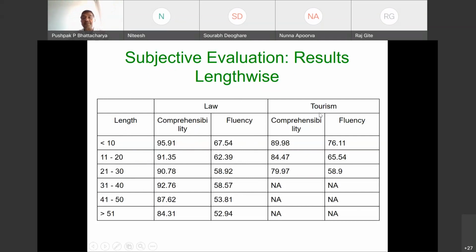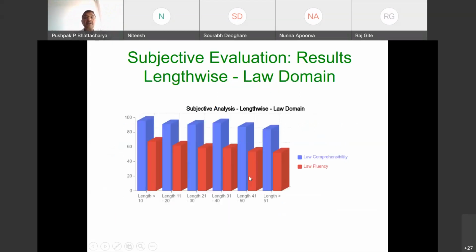Similarly, for tourism too, comprehensibility and fluency begin to fall as the length of the sentences increases. And that is expected. As the length of the sentence increases, you have to manage more language material, and you have to place them properly, order them properly. This is more work. So both comprehensibility and fluency reduce. And all this is with respect to the output that is obtained from the machine translation system.